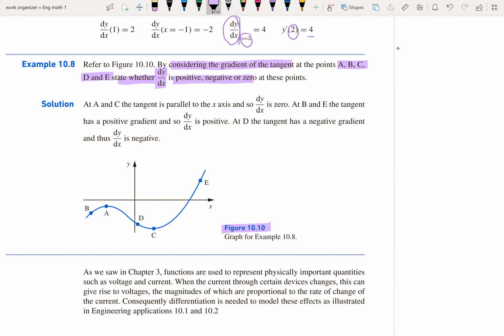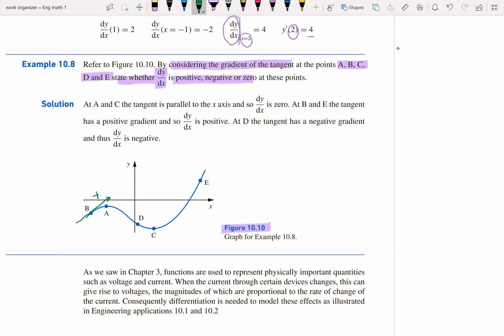So we start with B first. At B the tangent is going upward from left to right, so this is positive.